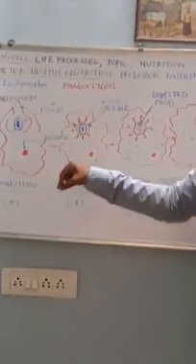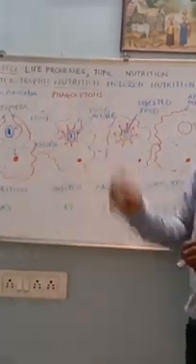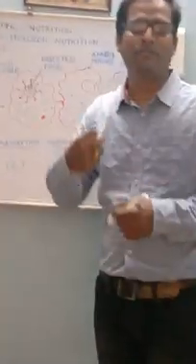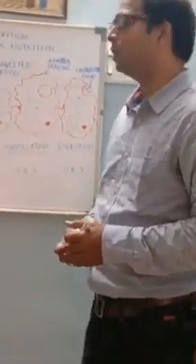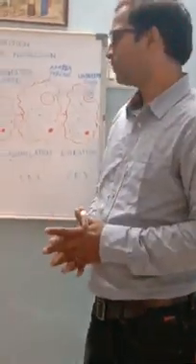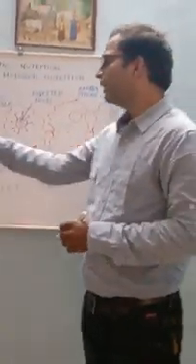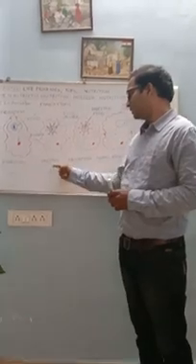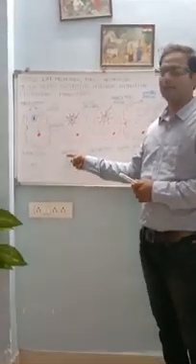And in amoeba, this process can also be called as phagocytosis. Swallowing food or engulfing food is called as phagocytosis. Now once that food enters in the body of amoeba, the next step or the second step is digestion.